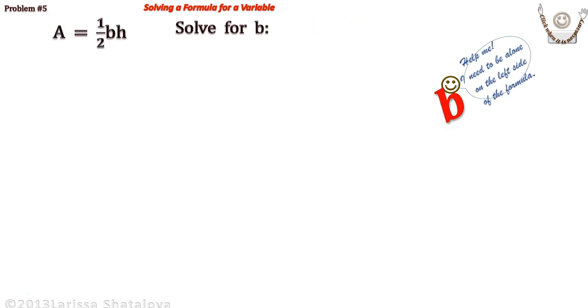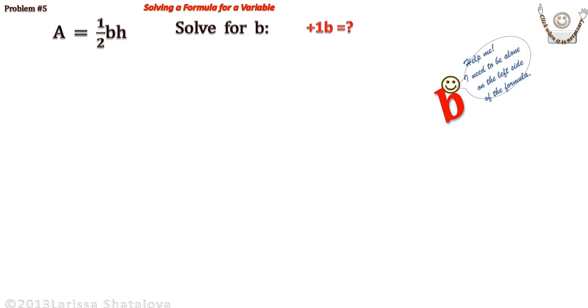Next problem. Positive 1a equals 1 over 2 times b times h. And we have request solve for b. As you remember, solve for b means that we have to rewrite this formula as positive 1b on the left, everything else on the right. We are ready for analysis.